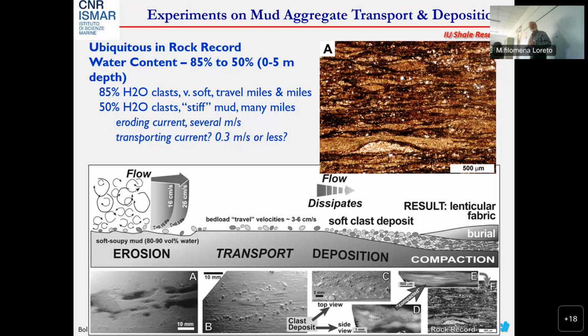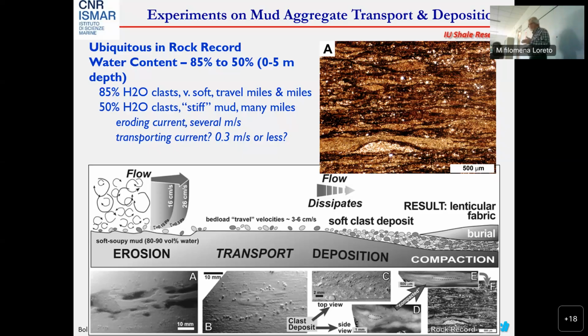And we basically experimented this all the way through. We eroded a mud bed, we transported the little lumps along, and then at the end we deposited them, and then we pretended to dewater it, just vertically squished that stuff in Photoshop, and then we get this kind of fabric. So we know how this happens.